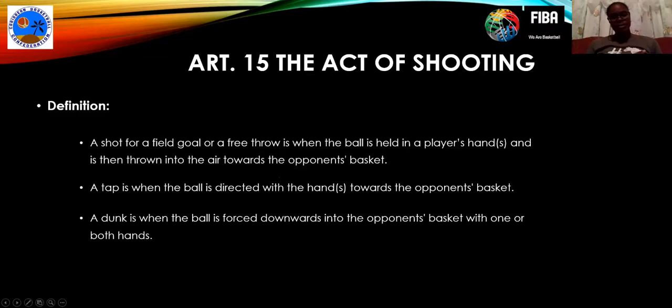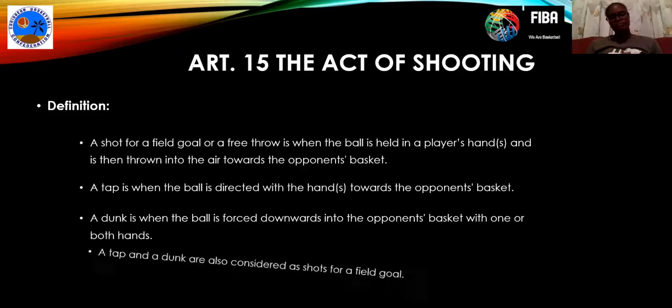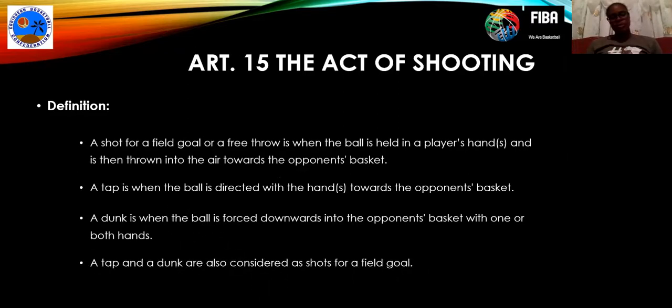A dunk is when the ball is forced downwards into the opponent's basket with one or both hands. A tap and a dunk are also considered as shots for a field goal. Now, these are the types of shots that you can have in a basketball game.